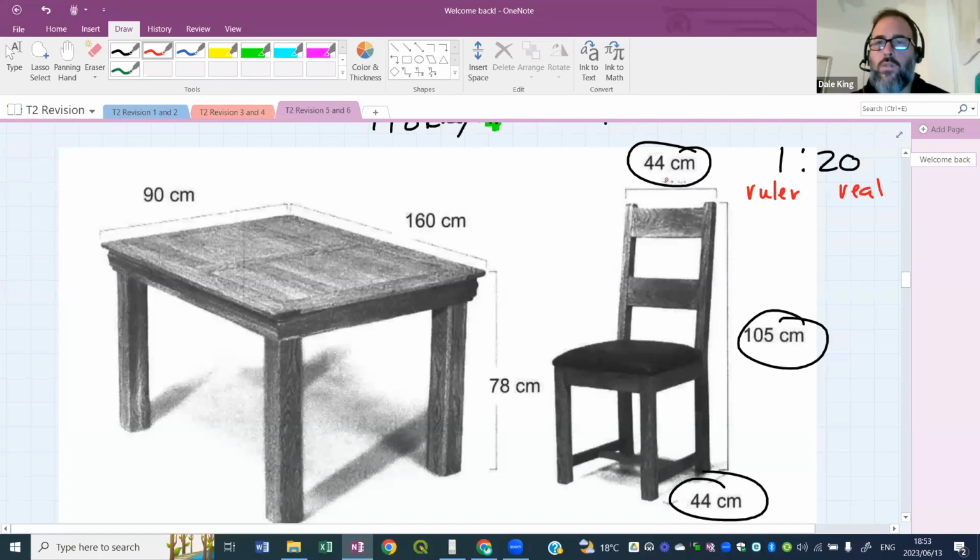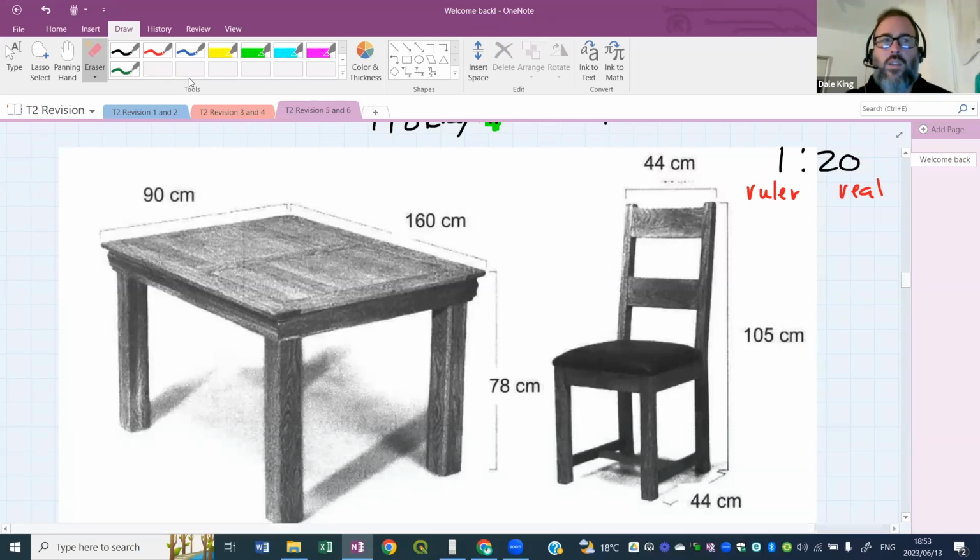Okay, so if I look at the first one, which is 44, how many centimeters should that be? How many 20s are there in 44? Because each 20 centimeters in the real world represents 1 centimeter in my ruler. So how many 20 centimeters in the real world measurement of 44 do I have? So what calculation will I do there?